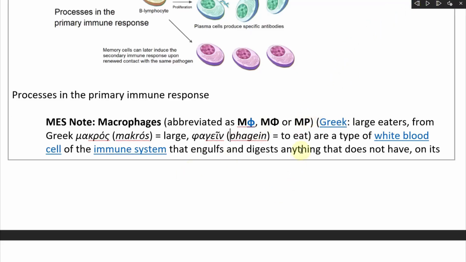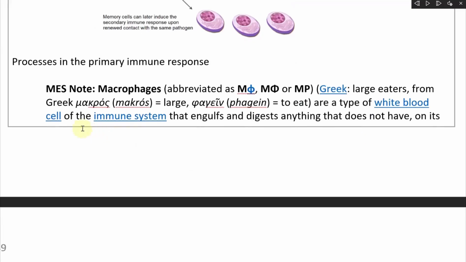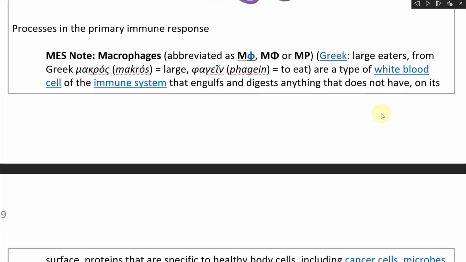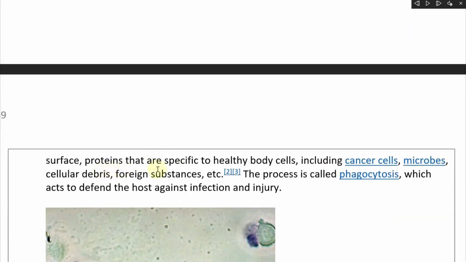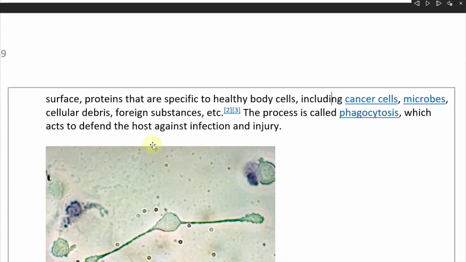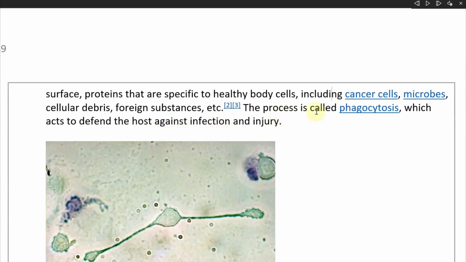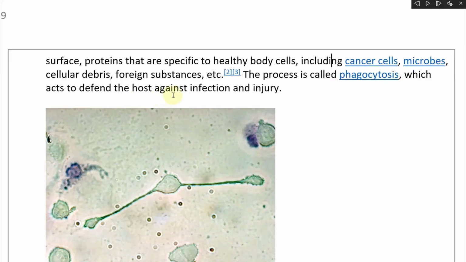So large eaters are a type of white blood cell of the immune system that engulfs and digests anything that does not have on its surface proteins that are specific to healthy body cells, including cancer cells, microbes, cellular debris, foreign substances, etc. The process is called phagocytosis, which acts to defend the host against infection and injury.